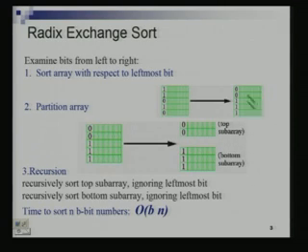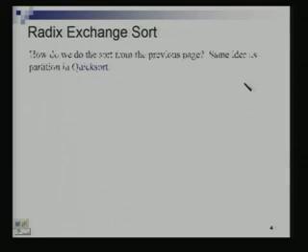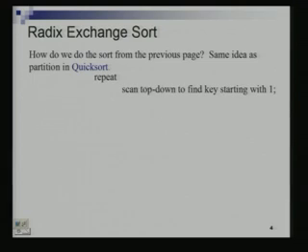If you recall in my recurrence, I wrote order n for this and you did not raise a ruckus on that. So, the point is we can use the partitioning algorithm that we employed in quicksort to do this. What does that mean? We will scan from top to down, finding the first key with a 1 in the leftmost bit, and from bottom to up finding the first key with a 0 in the leftmost bit and swap them.